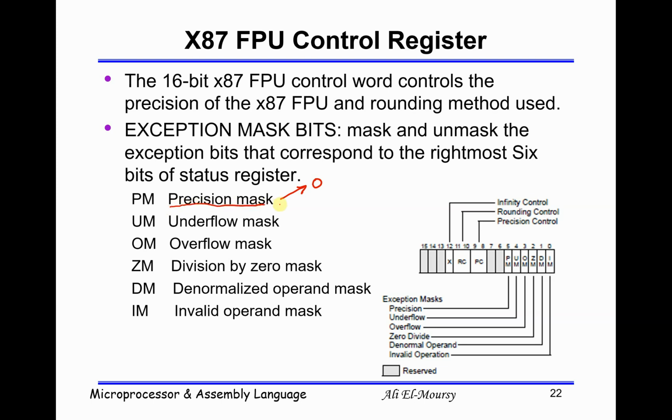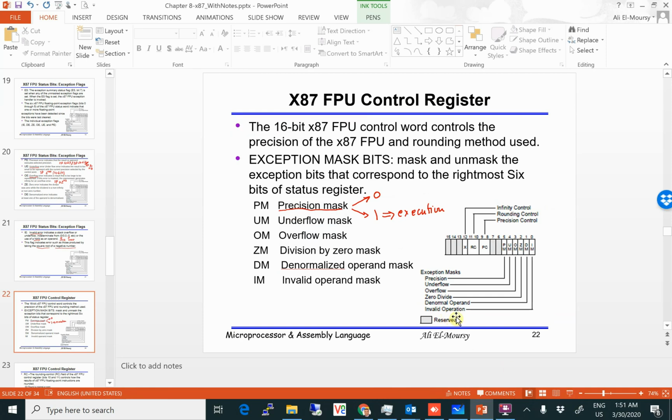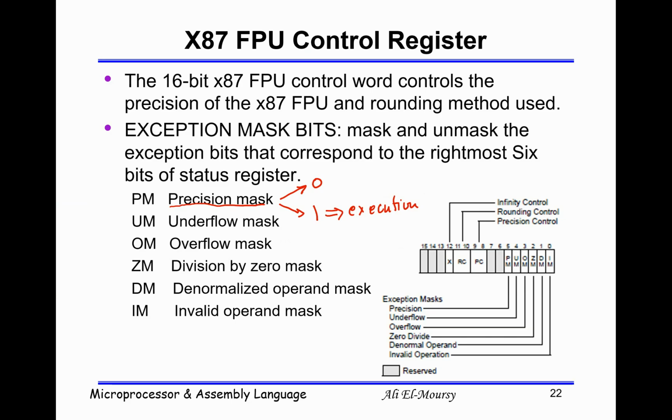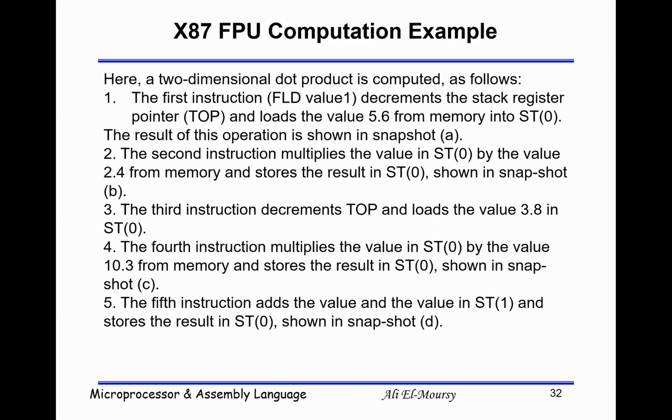However, if I set the mask to 1, that means the subroutine for the precision exception will be executed.